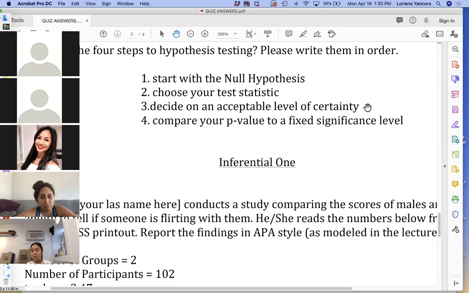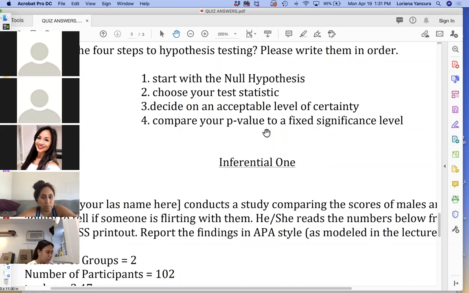And then step 4 is you actually take values from your sample and you calculate a statistic out of them. And then we're lucky in this day and age that from that statistic, either a T or an R, as we talked about, it automatically spits out a p-value.